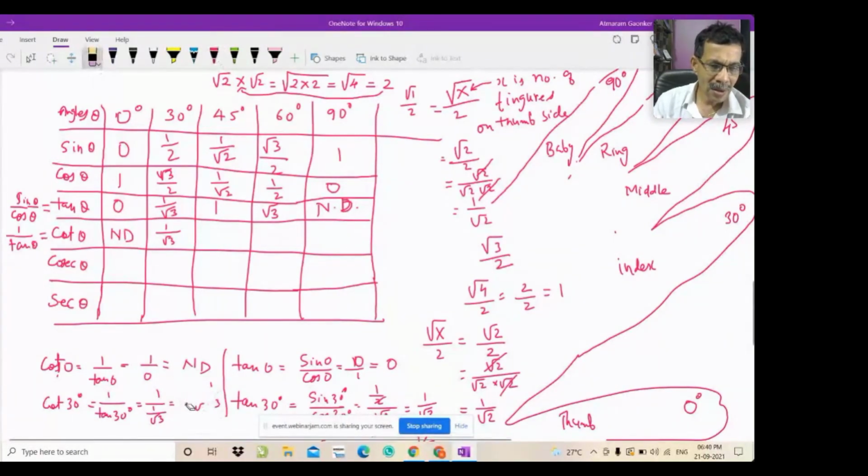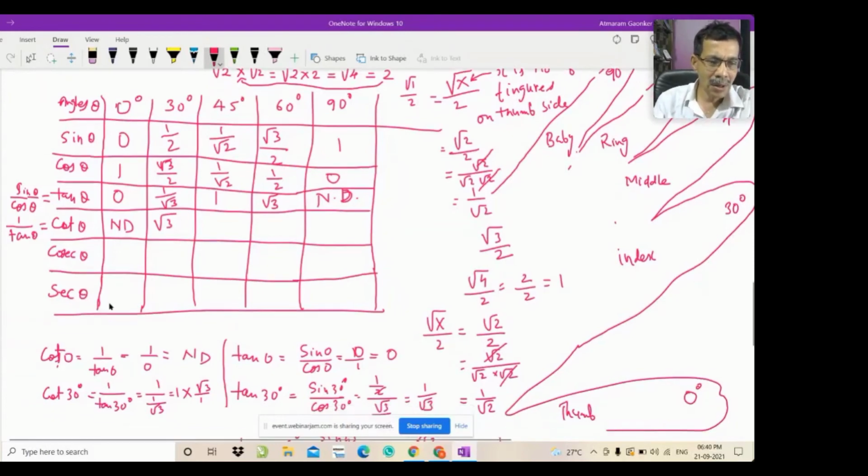Let me correct this. So this one as it is, and this when we take up, it becomes inverted. So root 3 divided by 1, and this is equal to root 3. So the second one is root 3. This answer is root 3.